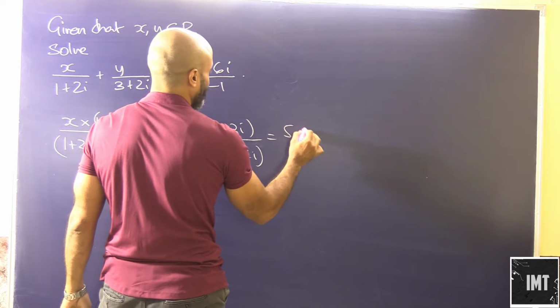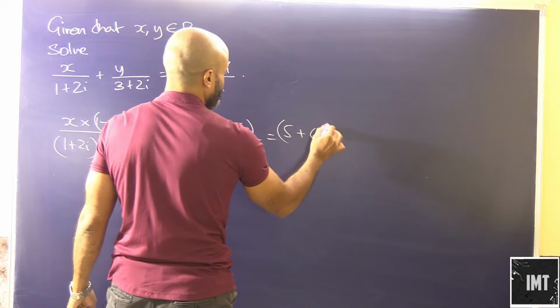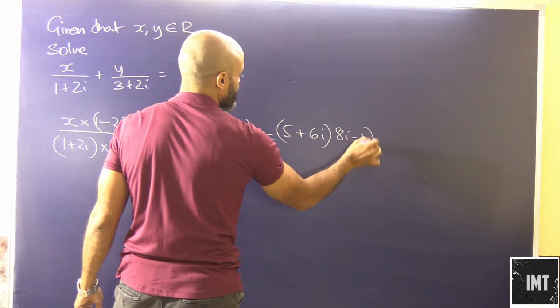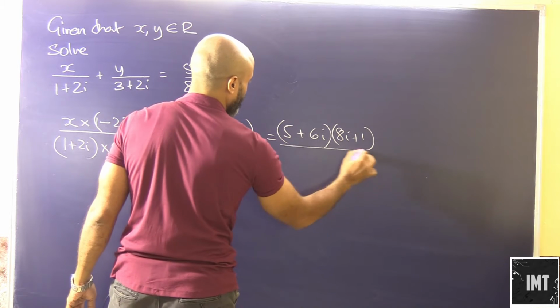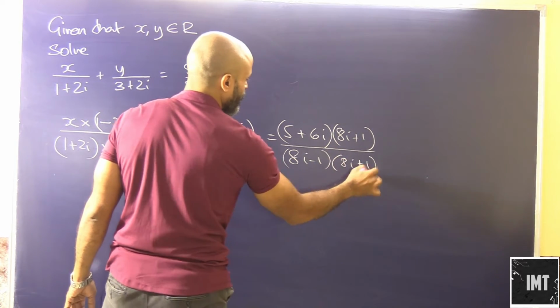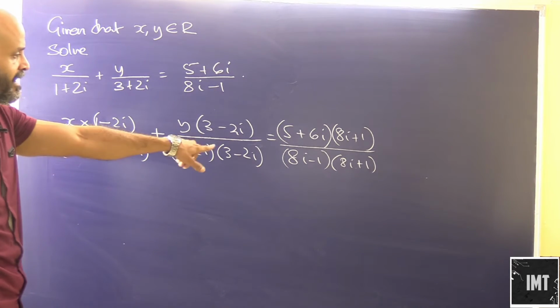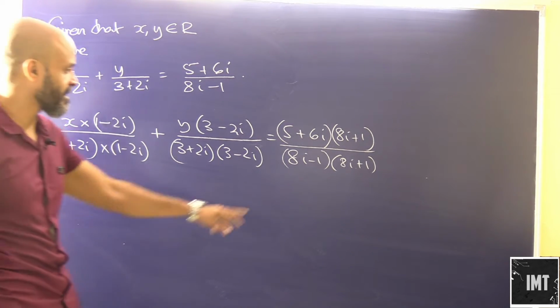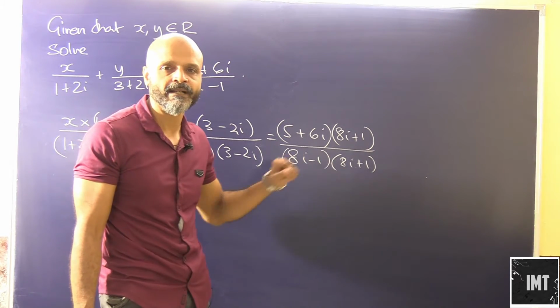This will be equal to (5 plus 6i) upon (8i minus 1), into (8i plus 1) upon (8i plus 1). What we are trying to do here is get rid of the imaginary part in the denominators.